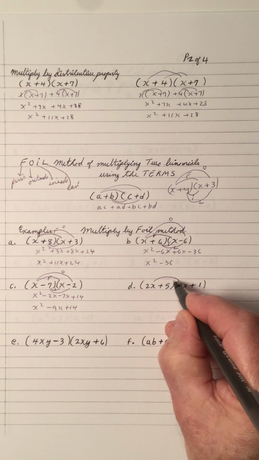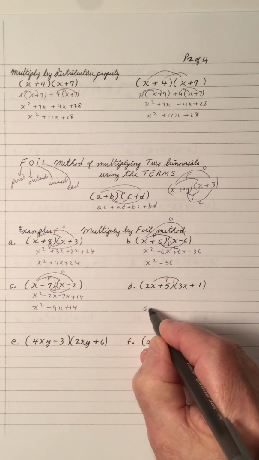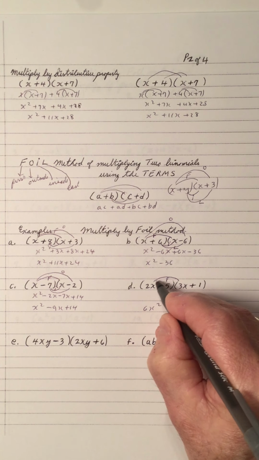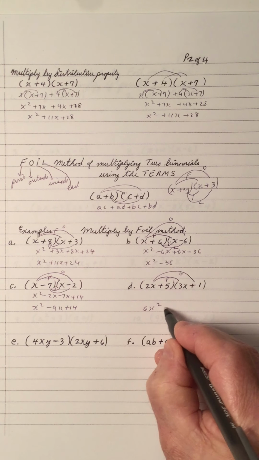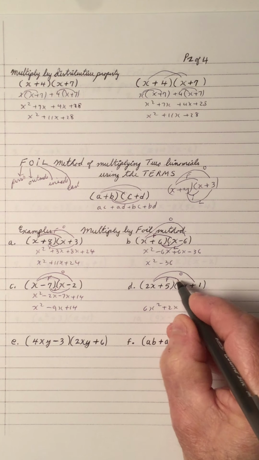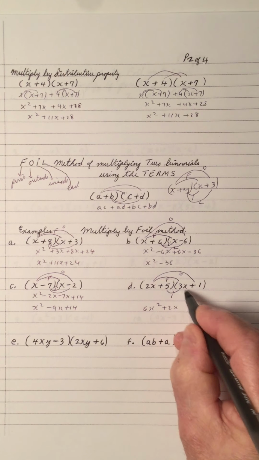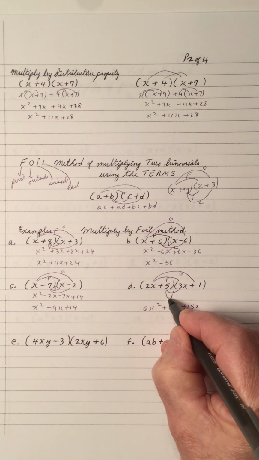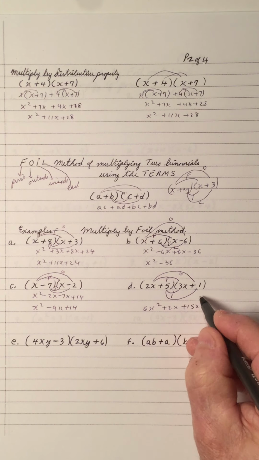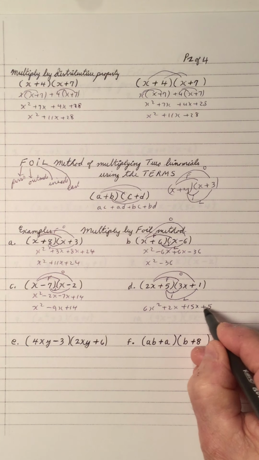First, F, 6x squared. Outside, O, 2x. Inside, that's an I, so inside is 15x. And last, L is plus 5.